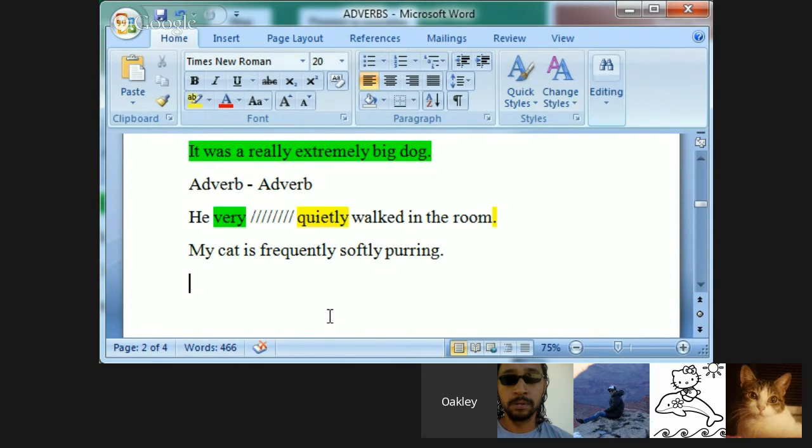Okay, Mark, can you give me an example of adverb adverb? Okay. She used to say that she was almost always right. Oh, you're getting very tricky here.